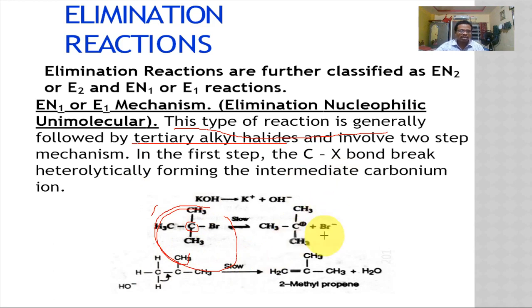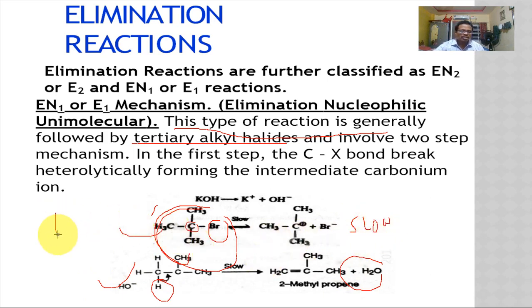In the first step, the bromine is removed. As I told you, elimination must involve removal of two molecules. Here first the bromine is removed and next the hydrogen is removed. Finally H2O comes off. That means this is the first step and this is the second step. The first step is a slow step, which is the rate determining step.